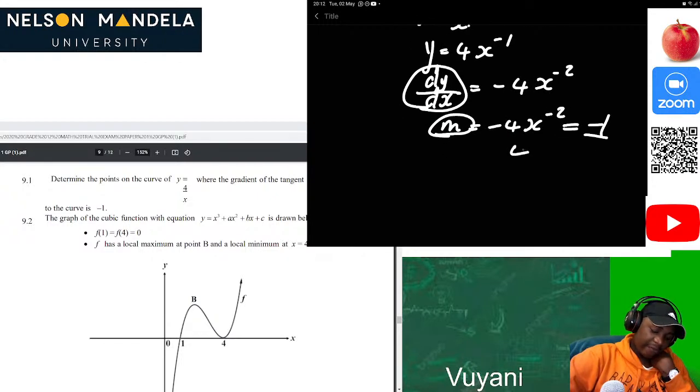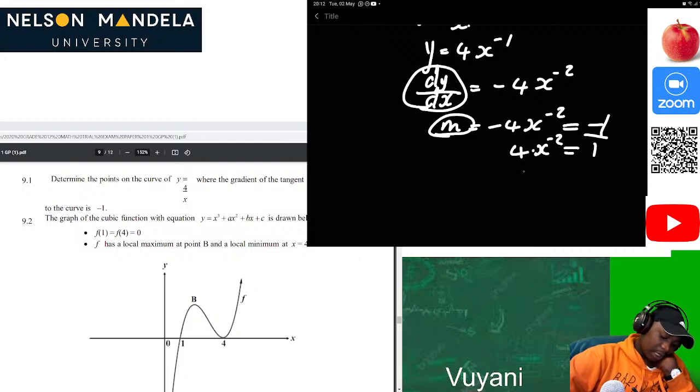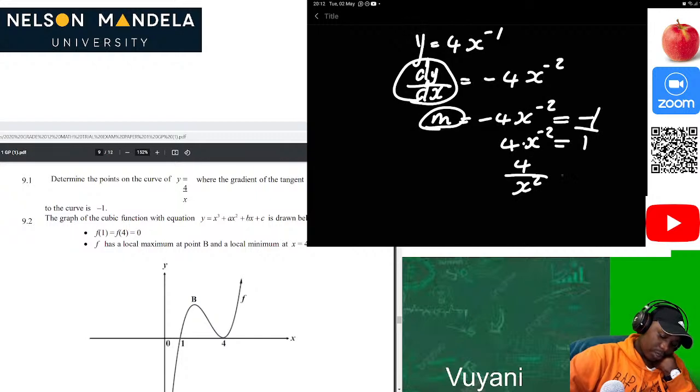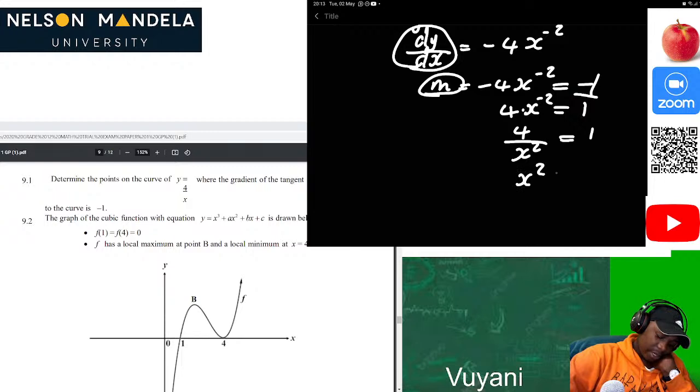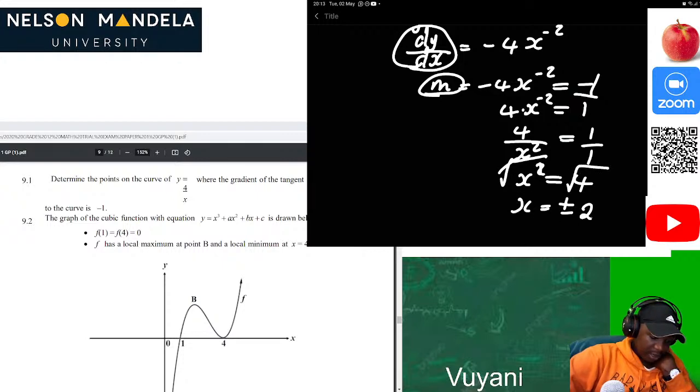Then we divide both sides by negative 1, so we have 4x to the power negative 2 is equal to 1. This is the same as 4 over x squared equals 1. Then x squared is equal to 4 when we cross multiply. Square root, then our x will be equal to plus or minus 2.